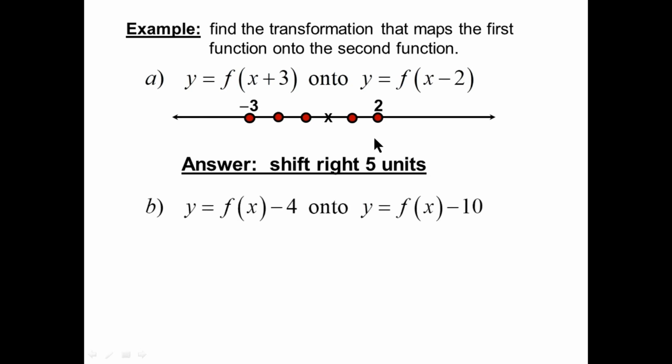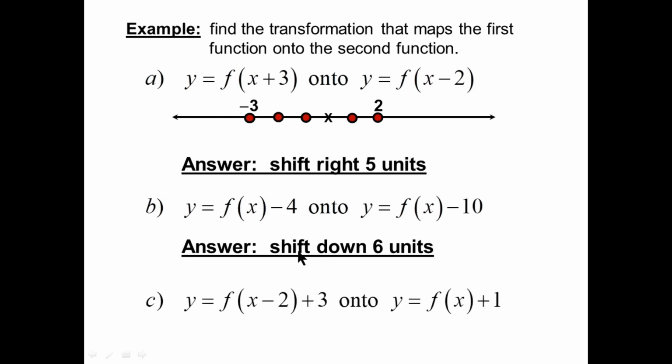Let's do a B question. If we were 4 units below a reference point, because this says minus 4 and it's up, down, and we want to become 10 units below a reference point, think about it, we have to go down by 6. And we can do 2 of them at the same time.